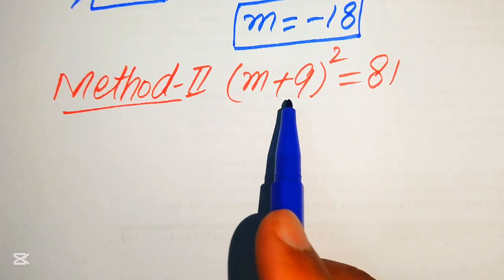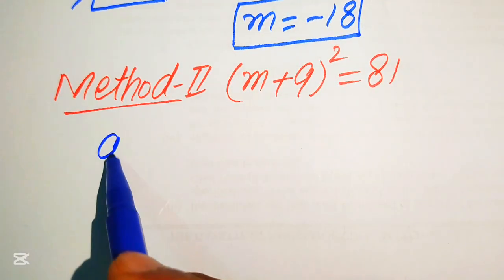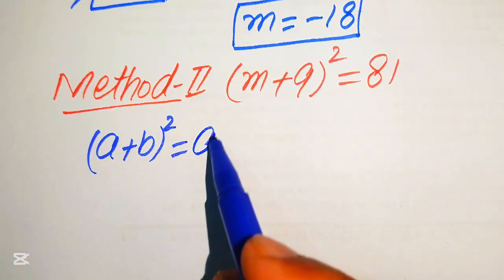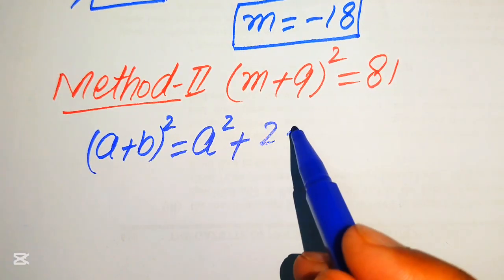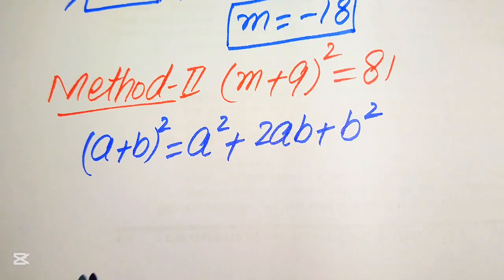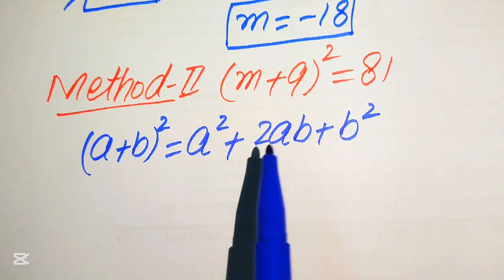Here you have (m + 9)², so we use this formula: (a + b)² = a² + 2ab + b². We can solve this problem with the help of this formula.